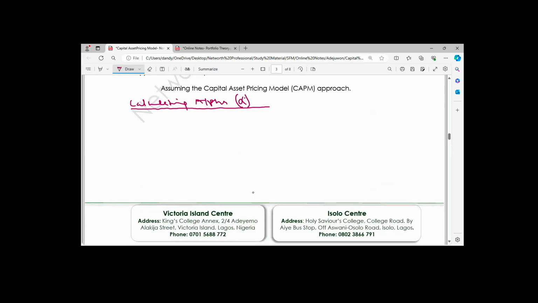Alpha represents the difference between expected return and the required return on security.